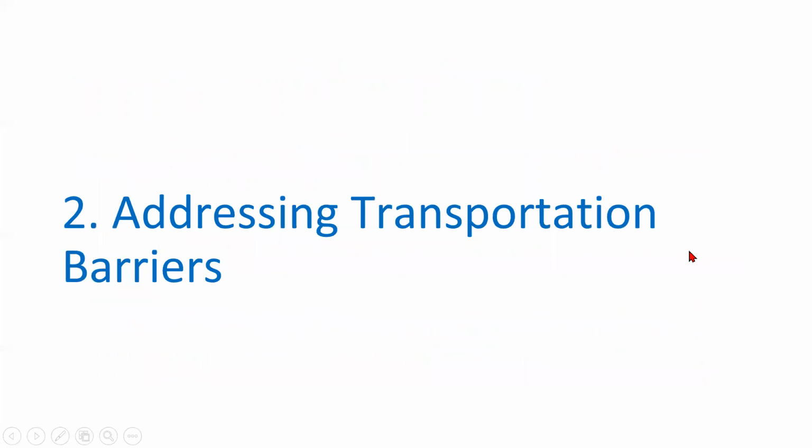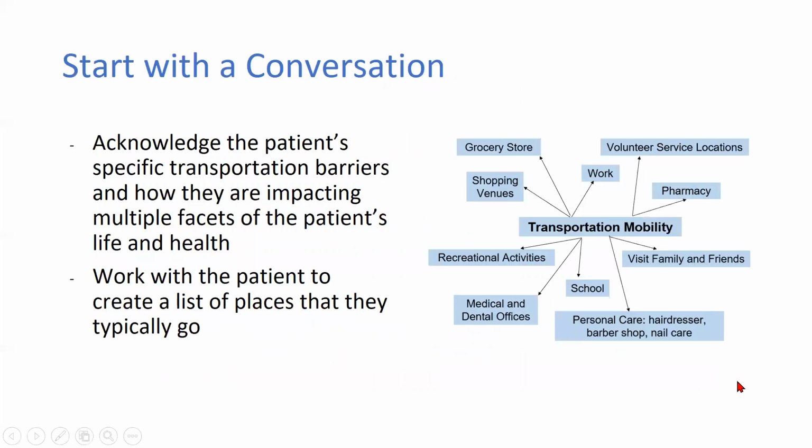So now that we've assessed our patient, their transportation needs and their transportation barriers, it's now time to address those transportation barriers. And we do this by really, again, starting with that conversation. We started with conversation to figure out what these needs were, and now we're going to continue that conversation to figure out how we can overcome these barriers.